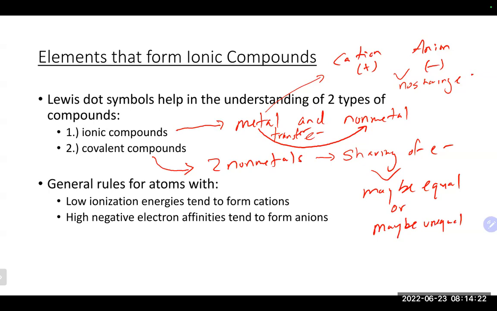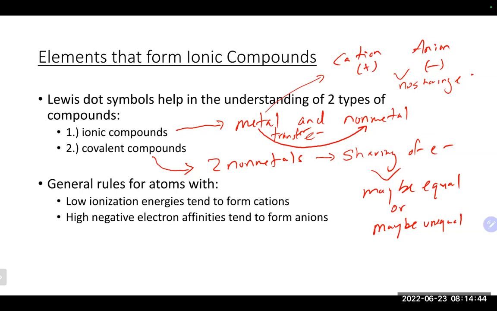And whether the electrons are shared equally or unequally results in 2 different types of covalent bonds. As we'll talk about, one is referred to as a polar bond, and one is referred to as a nonpolar bond.